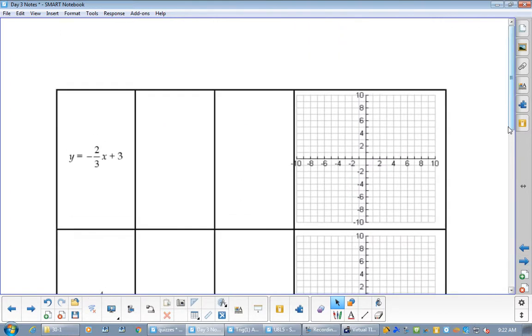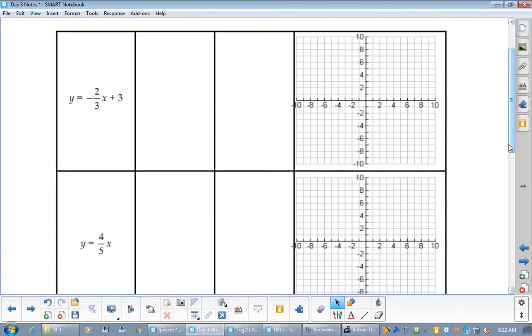Okay, this one here, y-intercept. So we write down 3. Where will I go from there? Down 2, 1, 2, and right 3, 1, 2, 3. Okay, so there's that point. And if I want one more point, I'm going to go down 2, 1, 2, and right 3, 1, 2, 3.